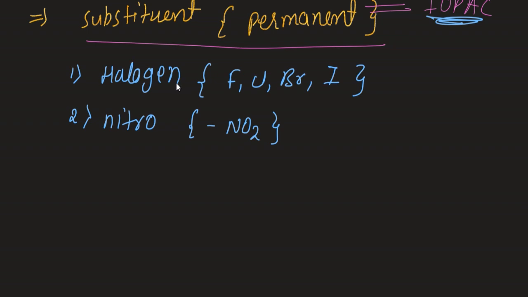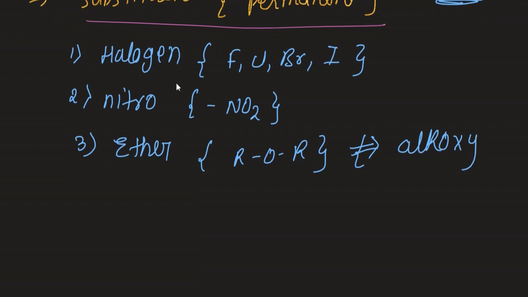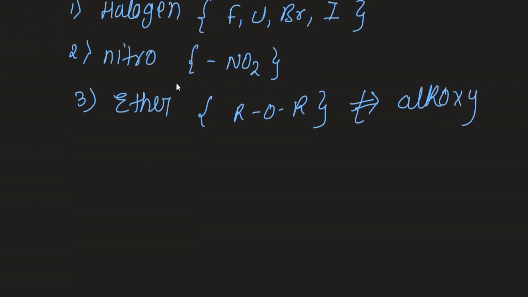Next, third one, ether group. Ester is different, ether is different. Ether is ROR. Instead of using the term ether, you have to use the term alkoxy: methoxy, ethoxy, butoxy, like that.